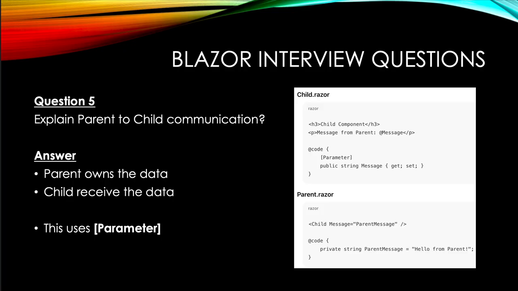This can be done using the Parameter attribute, where we declare the property the child is expecting from the parent. We declare that property in the child, decorate it with the Parameter attribute, and pass the message as shown in the parent.razor.